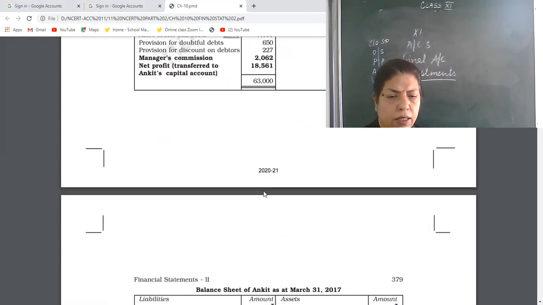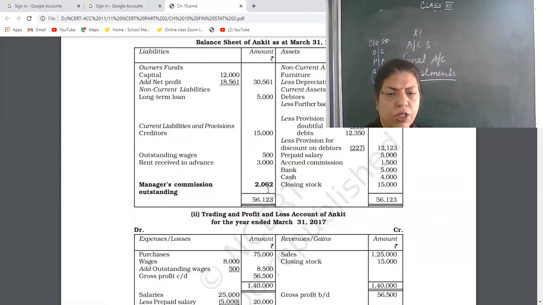Another, this is a liability for the organization. Why is manager's commission a liability? Because we are calculating manager's commission after calculation of net profit, on the balance of net profit, and it is not paid.